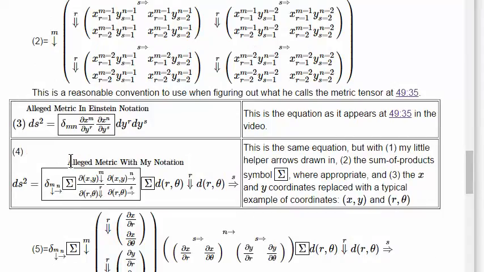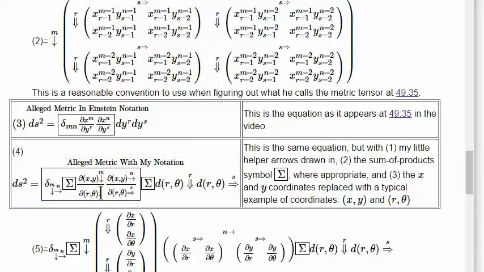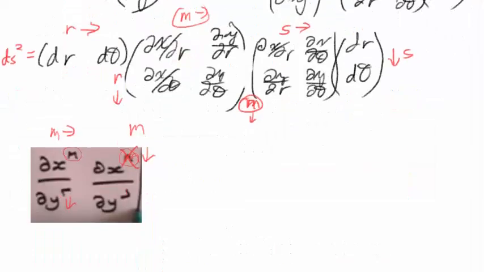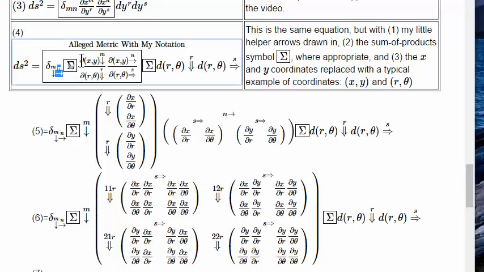And I called this the alleged metric because I changed the order of things, the arrows a little bit, so that the little double down arrow and the double right arrow indicate kind of a submatrix inside the big matrix. This little notation here, the boxed capital sigma, is kind of a new notation. It doesn't exist in matrix multiplications, but it's called a sum of products.